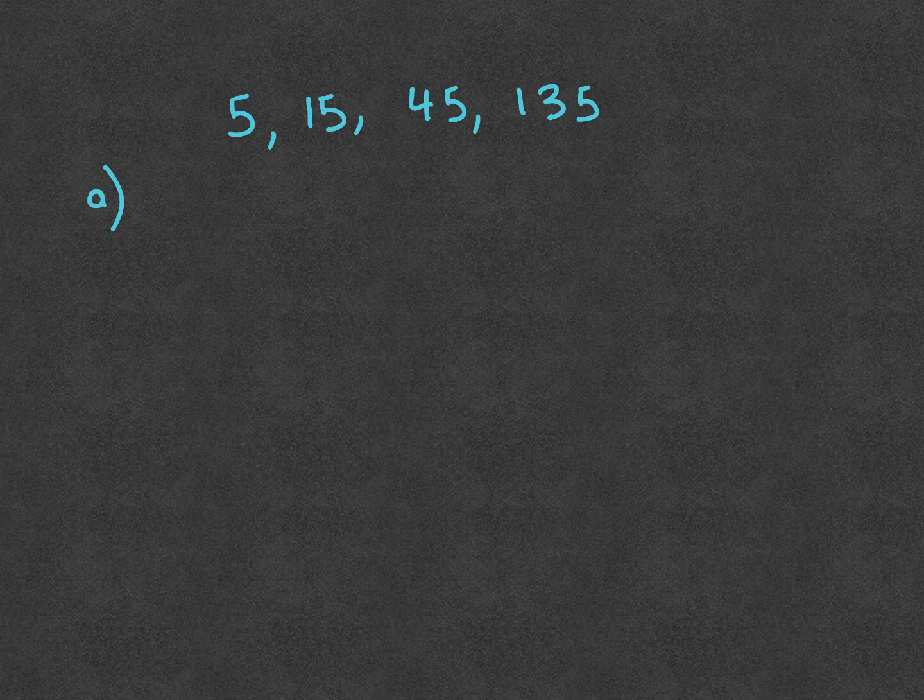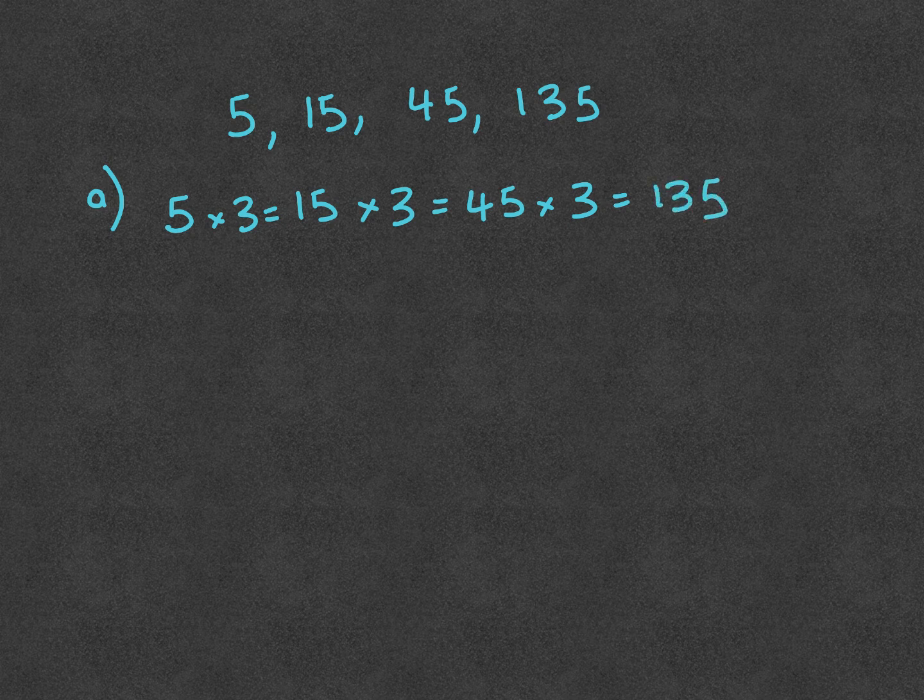Okay, and for this to be a geometric sequence, we have to have each number being related to each other by some sort of multiplication of a common term or a common ratio. So if we do 5 multiplied by 3 is equal to 15, 15 then multiplied by 3 is equal to the next number in the sequence, which is 45, and we multiply 45 by 3, which is going to give us 135.